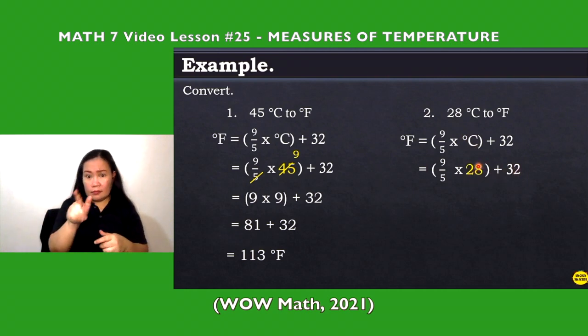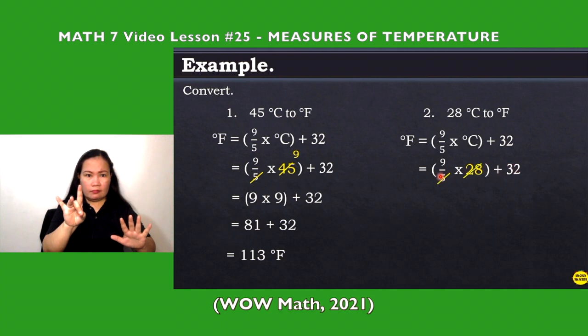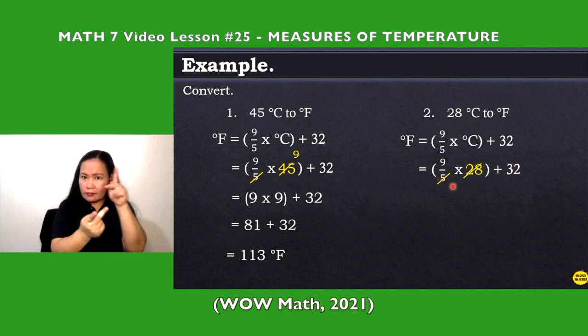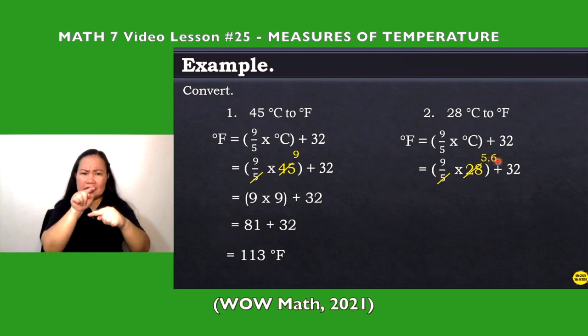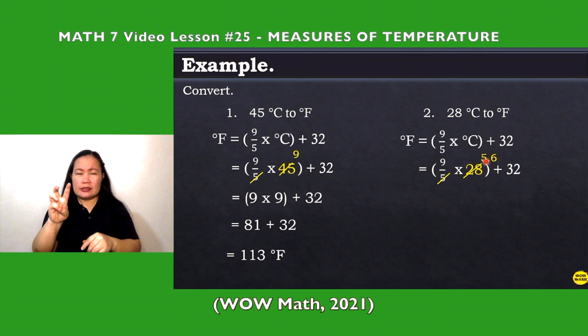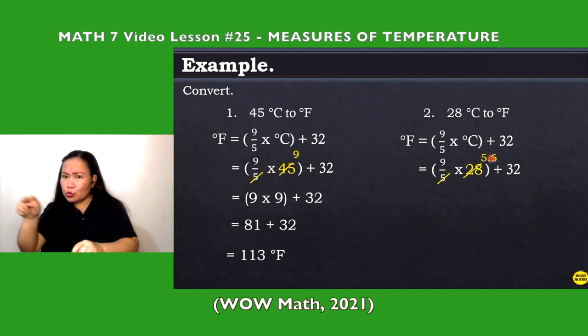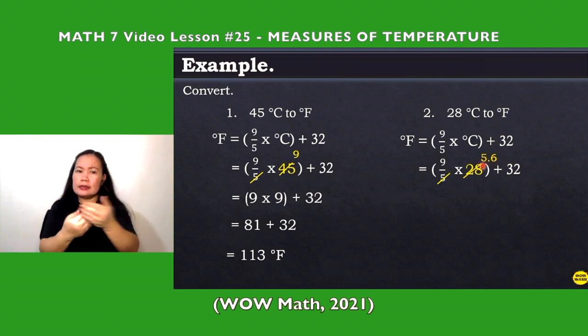So, ito, 28, pwede mo siyang i-divide, kaya lang may butal. Pero, pwede na rin. 28 divided by 5, that is actually 5.6. Okay? Ang mahirap mag-divide is yung kapag repeating siya. But since this is terminating naman, meron siyang exact value. So, 5.6.